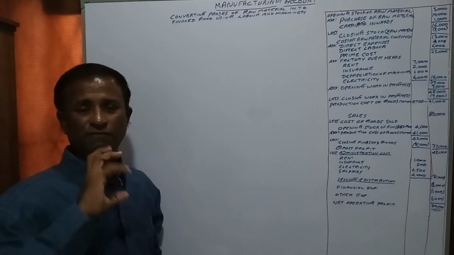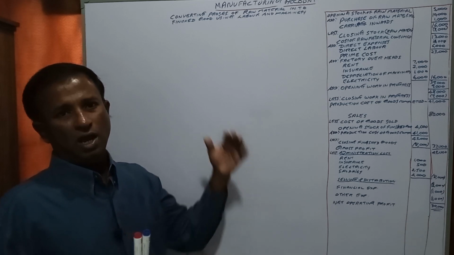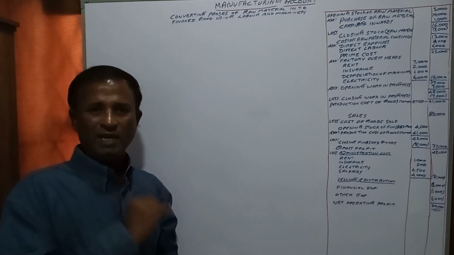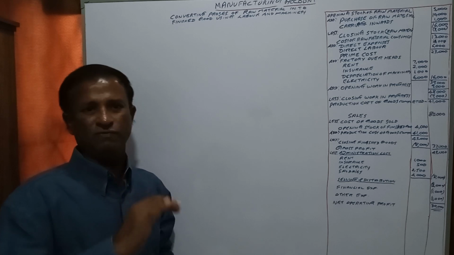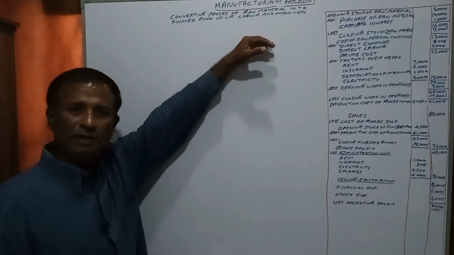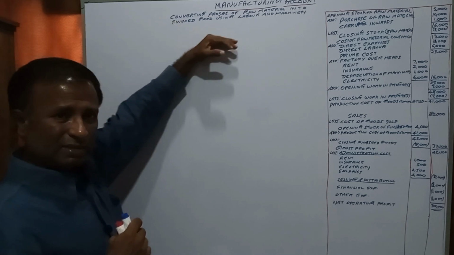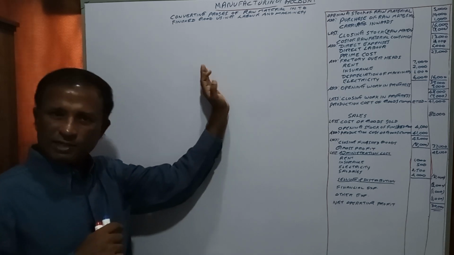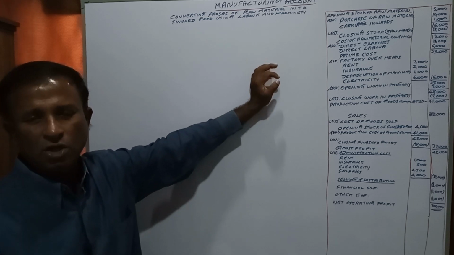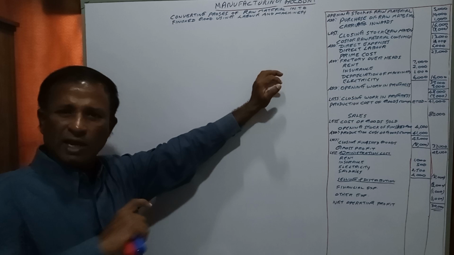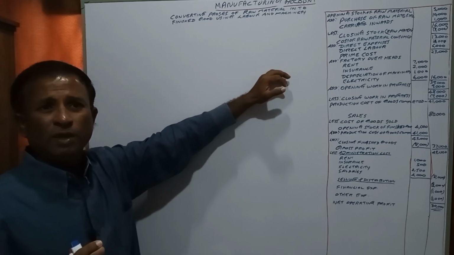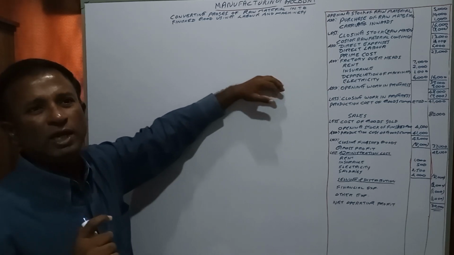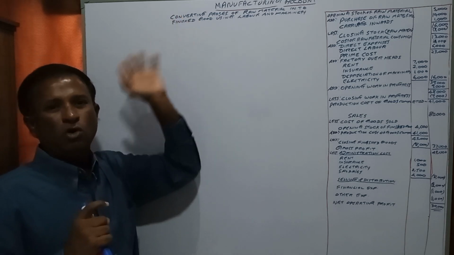He will purchase the finished goods or raw material and sell it to another party without making any further addition or conversion, without making any modification to that product which he had bought, right?